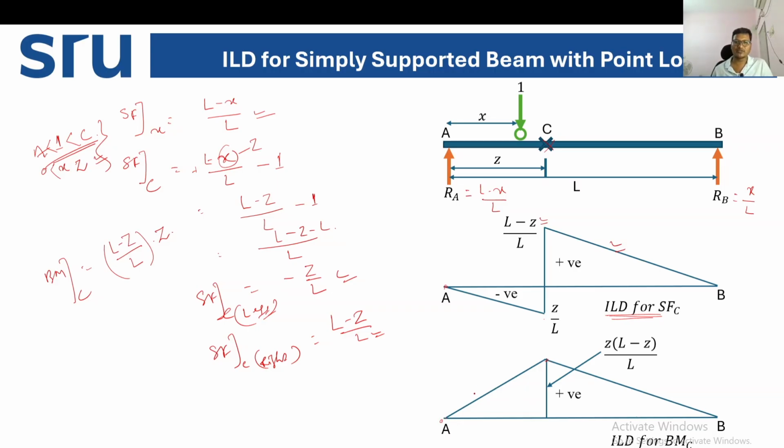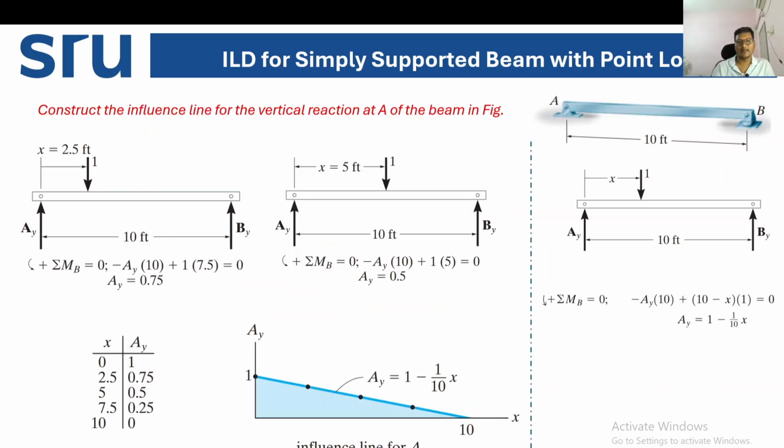So you can connect those, and this is nothing but your ILD for bending moment at C. I hope you understood how to construct the ILD for shear force and ILD for bending moment.